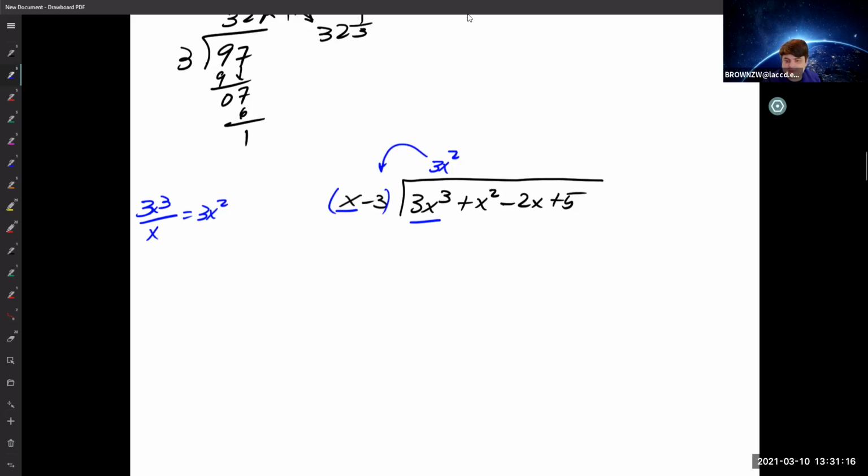So 3x squared times x gives me that 3x cubed, and 3x squared times a negative 3 leaves me with negative 9x squared. Once again, we are technically subtracting here, but I'm going to add the opposite signs.